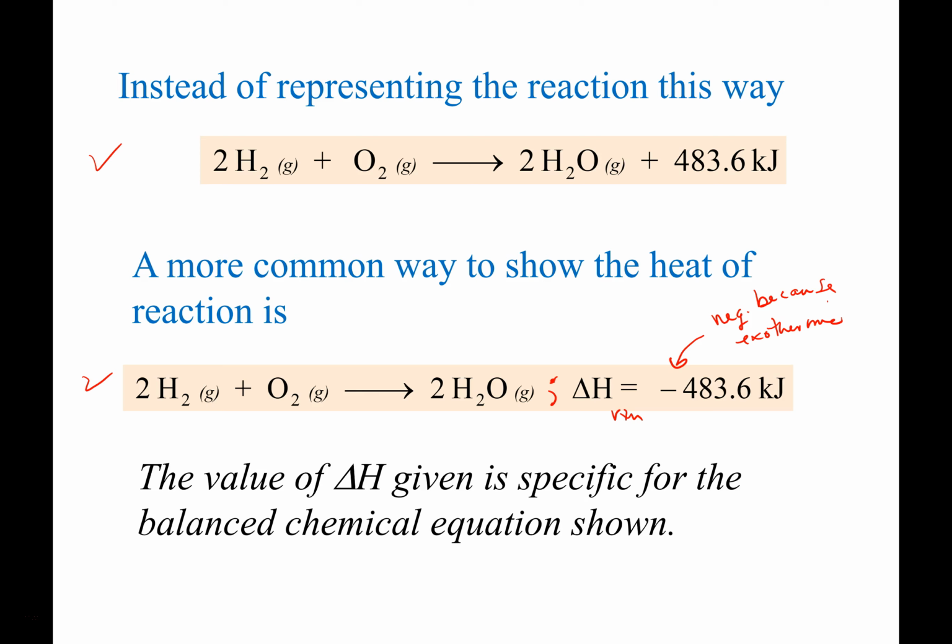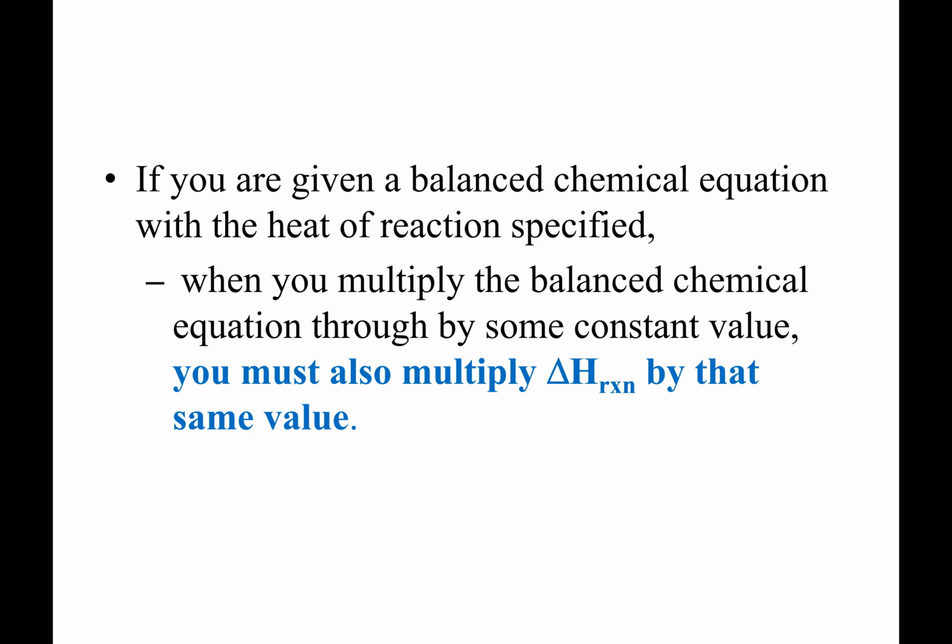So in italics, again, the enthalpies of reaction, the delta H RXN, are specific for a balanced equation. So they have to give that to you. Just to summarize what we just did, in our case, we scaled up by a factor of 2 how much H2O we produced.